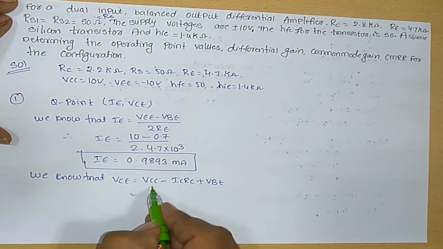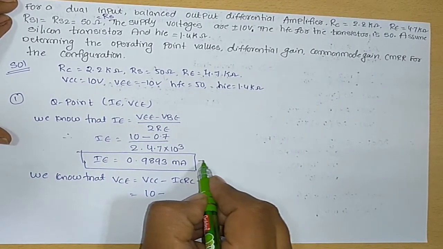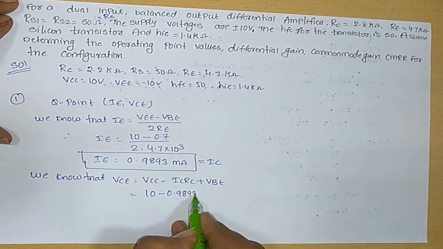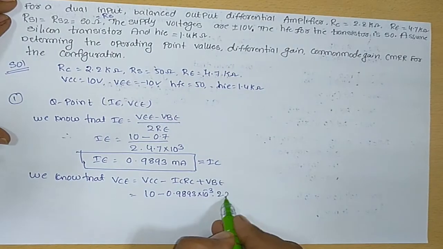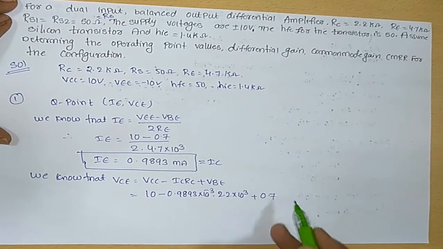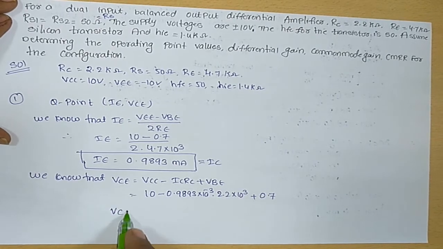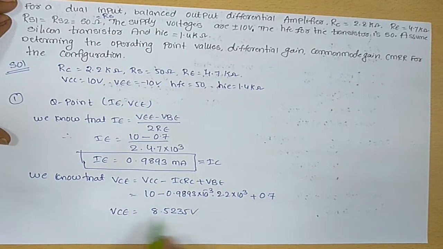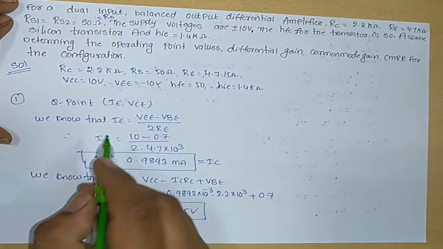VCC equal to 10 minus IC, and IE equal to IC, that is 0.9893 into 10 power of minus 3 into RC, 2.2 into 10 power of 3, plus VBE, 0.7. Simplifying all these values, we get the VCE equal to 8.5235 volts. In this way we are estimating the operating point of this differential amplifier.